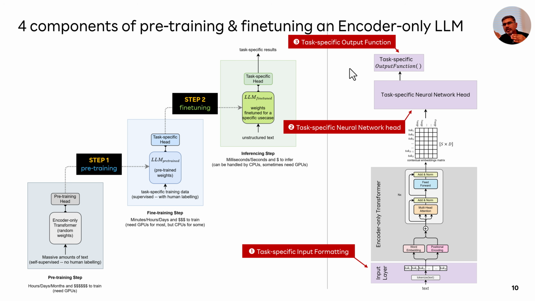Or if you're trying to do multi-label classification, then your output function would be a softmax. So based on the type of task you're performing, you would have to figure out what is a task-specific output function. And then you would also need to have a task-specific loss function. For example, if you're using sigmoid as your output function, then you would use a binary cross-entropy loss as your loss function. If you're using softmax, then you would use a cross-entropy loss function, right?